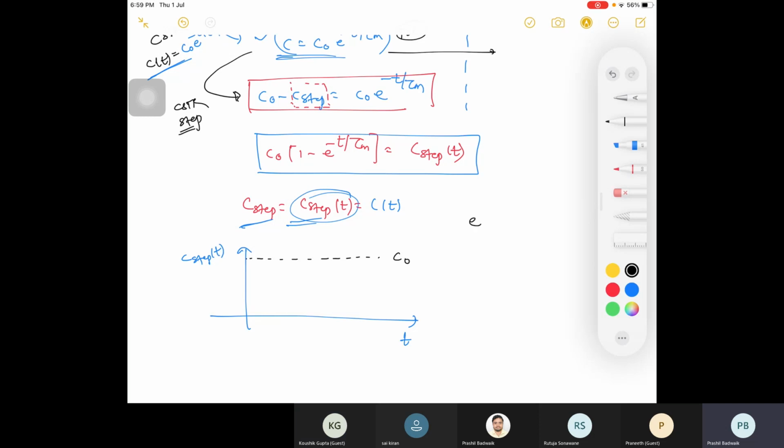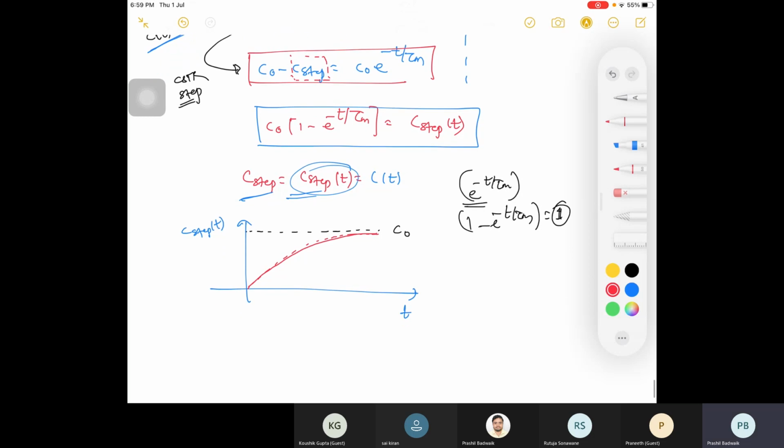Because e to the power minus t by tau m is exponentially decreasing. So 1 minus e to the power minus t by tau m will be exponentially increasing, and it will reach value 1 here. If multiplied by C naught, it will reach C naught at exit. But it will take infinite time, right? So this is your curve, and that was your equation.